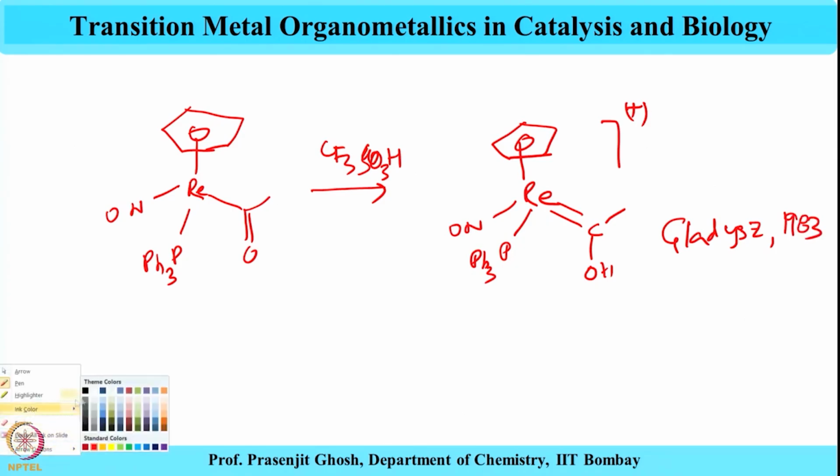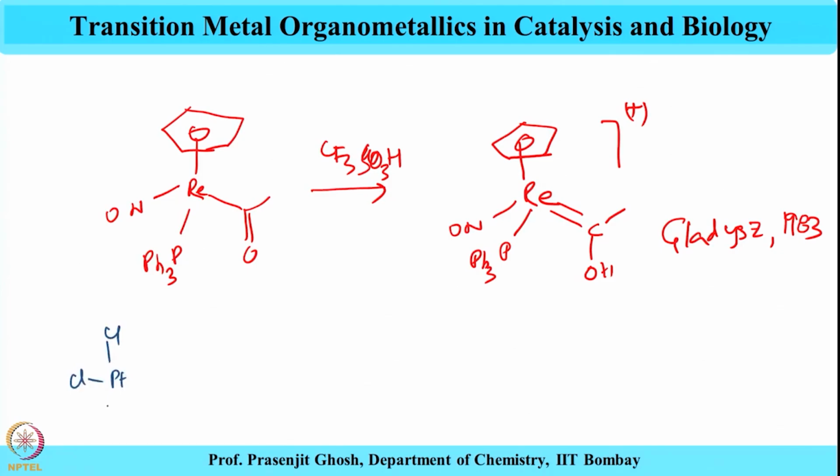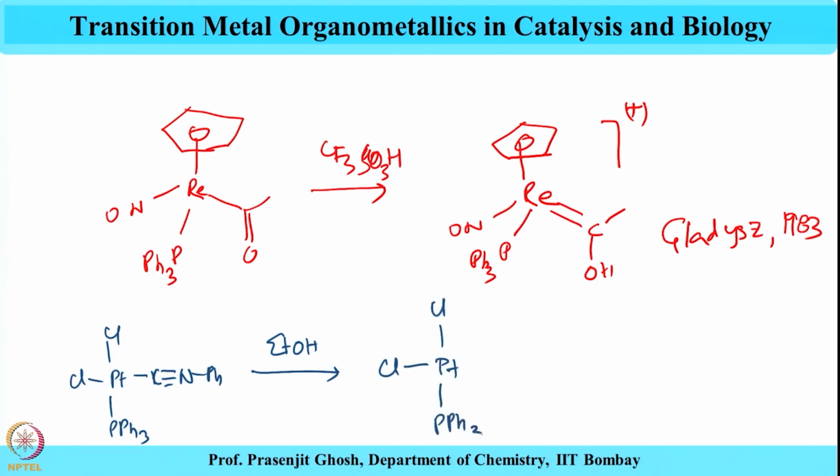Another synthesis method involves reacting platinum dichloride, PPh3, and isocyanide, CNPh, in ethanol, giving ClPt(PPh3)2 with the carbene C(NHPh)(OEt), and this was reported by Chatt in 1969.